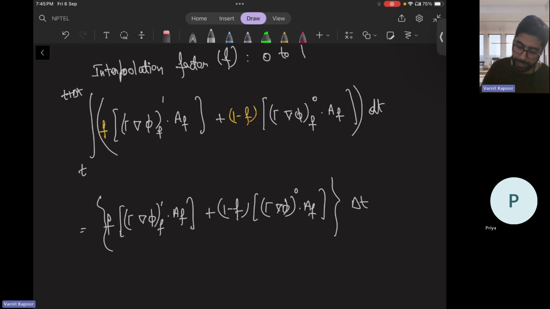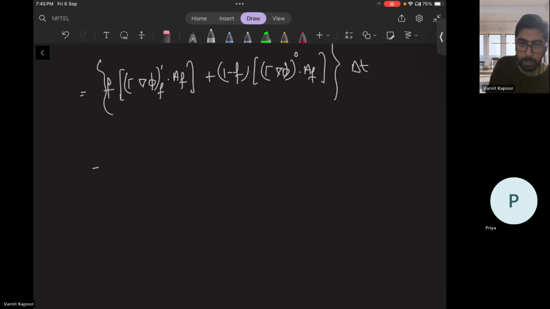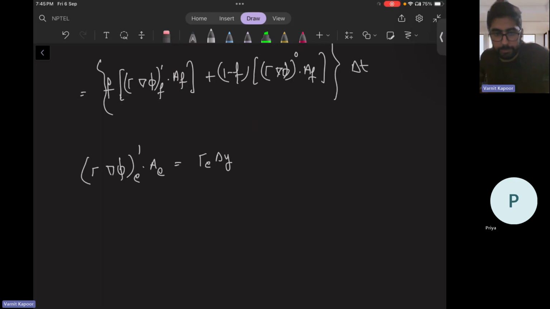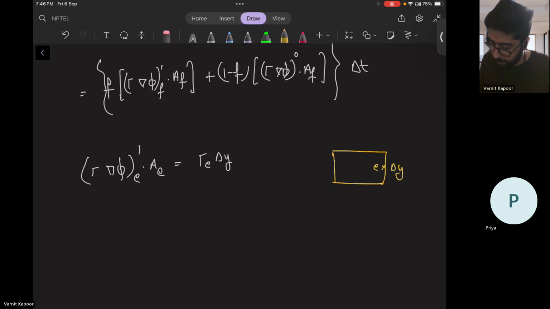So for the east face, how will you write? If I want to write for the east face, Γ∇φ at 1 of the east face dot A east will be nothing but Γ east delta y, since A east is delta y in a Cartesian coordinate. This is delta y on the east face, this is delta x. The east face is pointing in the direction of delta y.